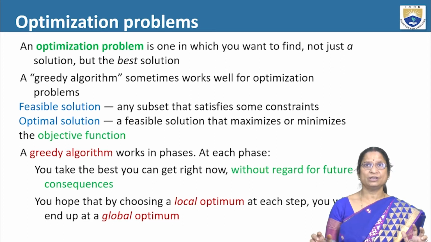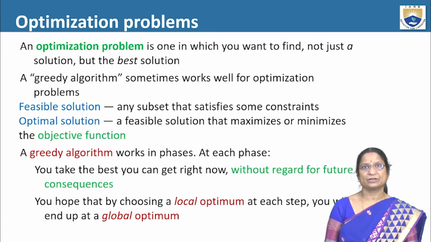Now we will define what optimization problems are. An optimization problem is a problem in which it's not just finding a solution, but finding the best solution. Greedy algorithms work for optimization problems basically.